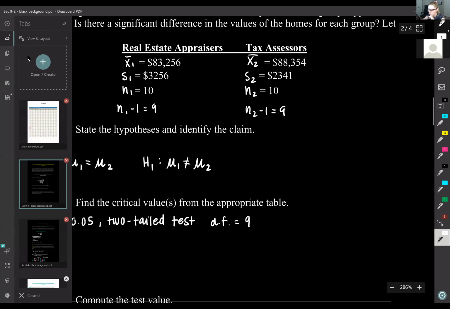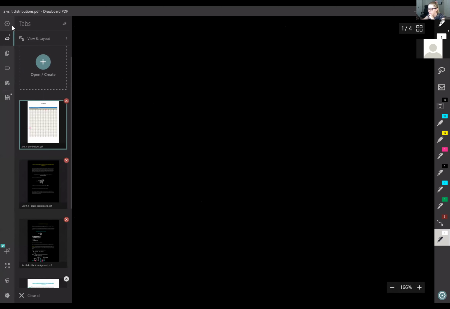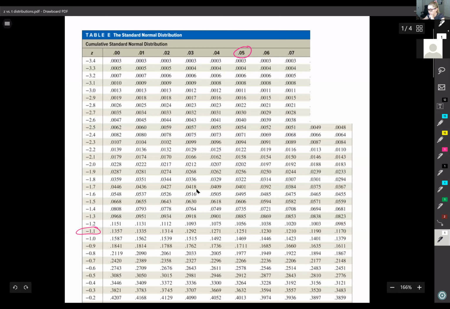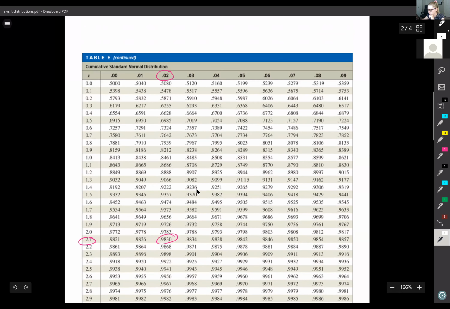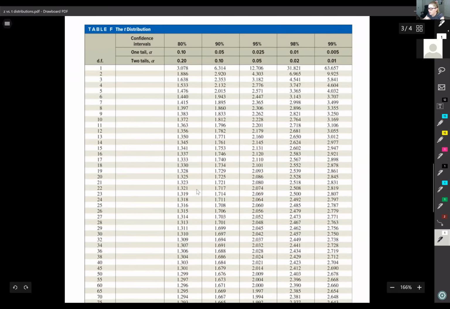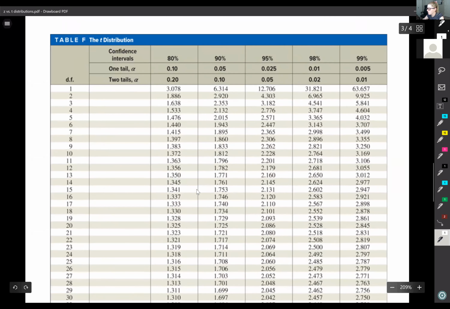All right, so we have to use our chart to figure out what the critical values are. So let's come over to our t distribution. Our degrees of freedom are 9, so I'm going to circle that one. We are doing a two-tailed test, and the level is 0.05, which is right here.